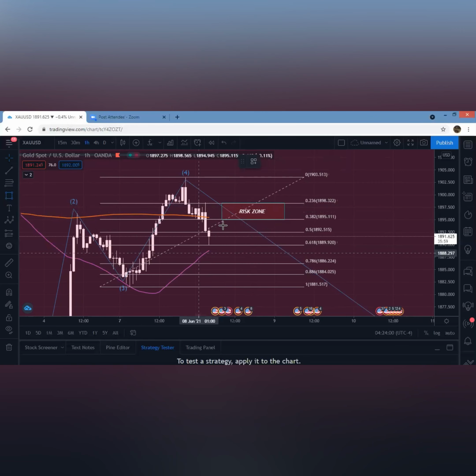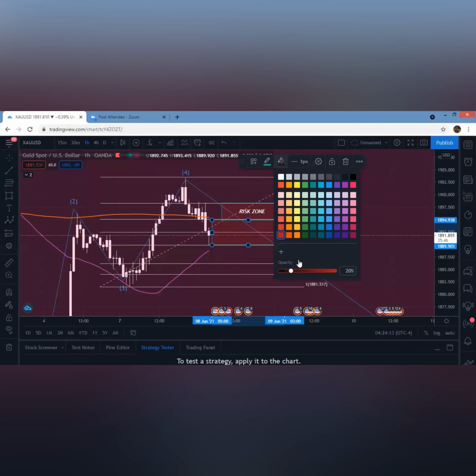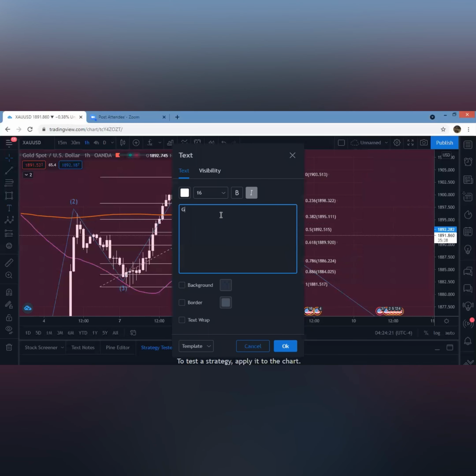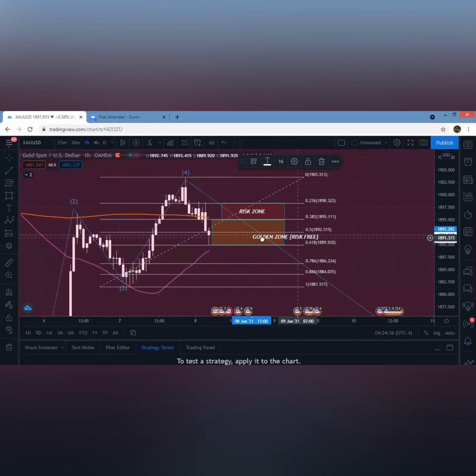But then once you cross past this 38.2 zone and close from this zone to this 61.8, this is what I like to call my golden zone, which I could also call my risk-free zone. So this is my golden zone, but we can also call it risk-free, baby, because this is when you talk about risk-free trading, right?